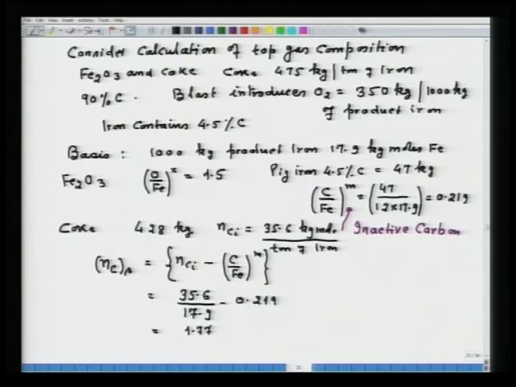So, active carbon is 1.77. Now, oxygen from blast, NOB, you have 350 kg.